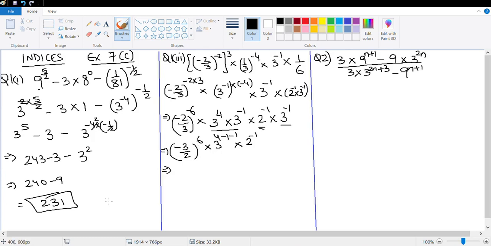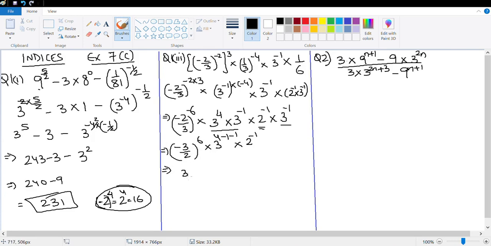What I'm saying is negative 2 to the power 4 will be equal to 2 to the power 4, which is equal to 16. That's exactly what I'm saying. So a negative number raised to an even power is always positive.